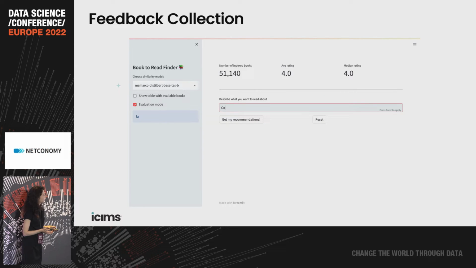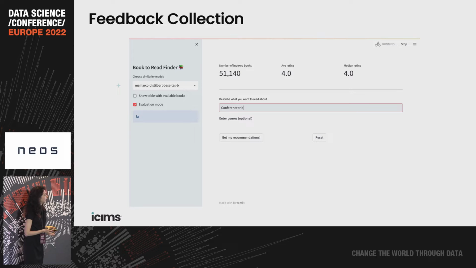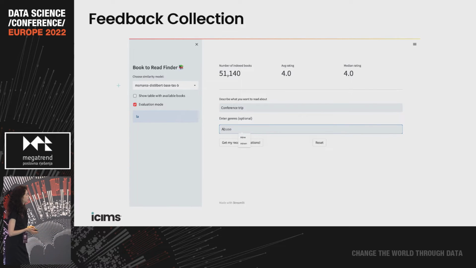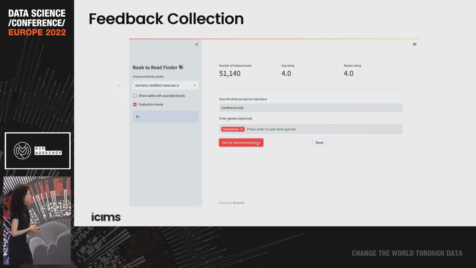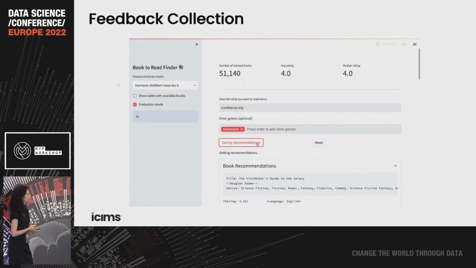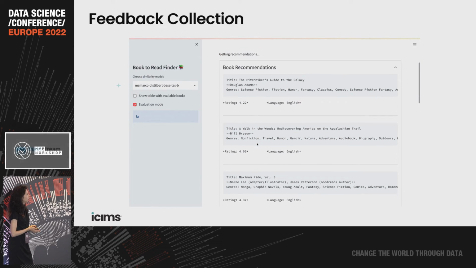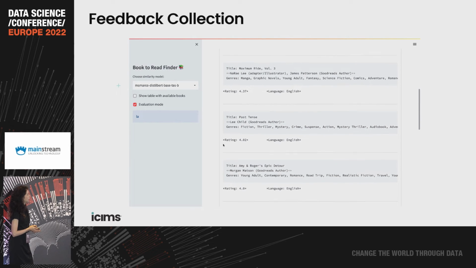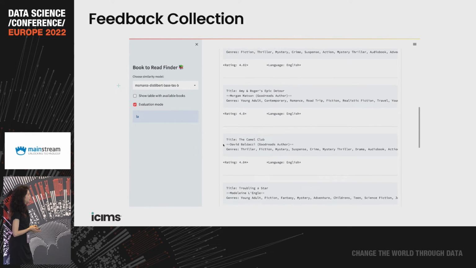So again, we enter our query. We enter genres, so conference, trip, adventure, and we get book recommendations. It's a bit long list.